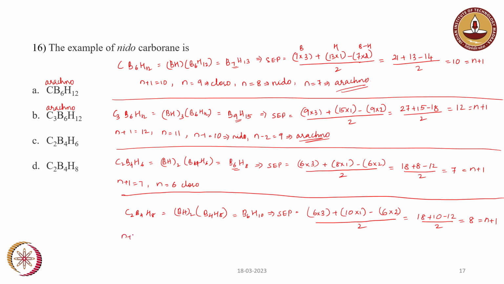So n plus 1 equals 8, n equals 7 would be closo, but we have 6, so n minus 1 equals 6, which will be nido borane.